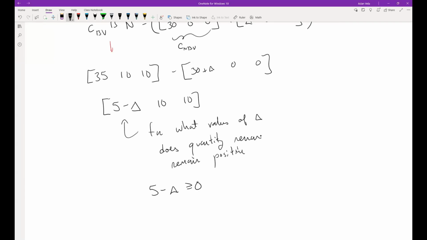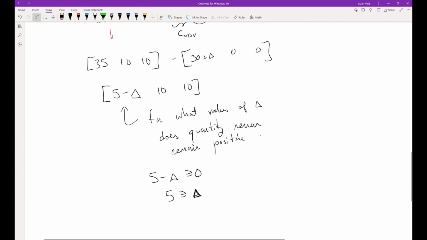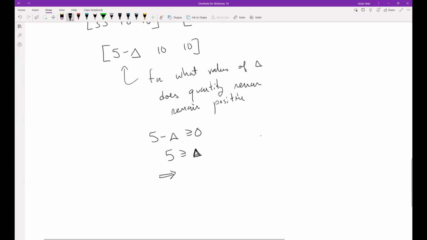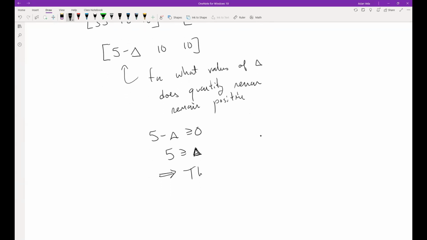That occurs when delta is less than or equal to 5. So as long as delta is less than or equal to 5, the optimal basic variables won't change.